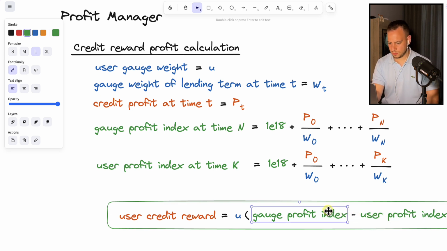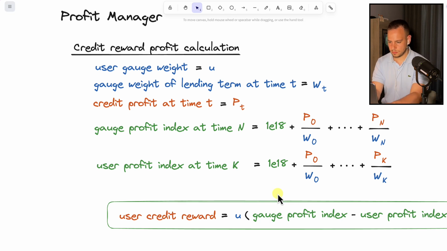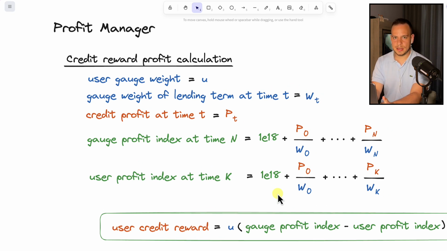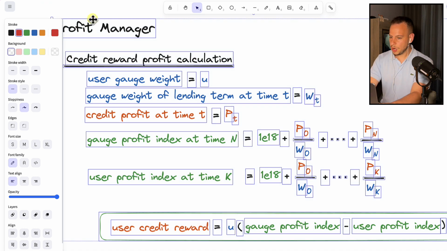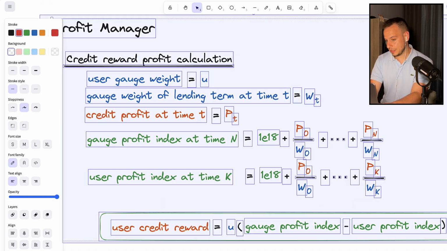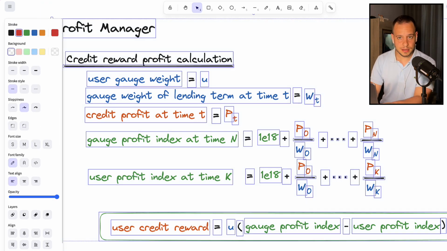And now maybe go back to the GitHub issue. Sorry guys, just FYI. As Taz mentioned, this is very similar to synthetic staking reward. This is an issue that Taz found.